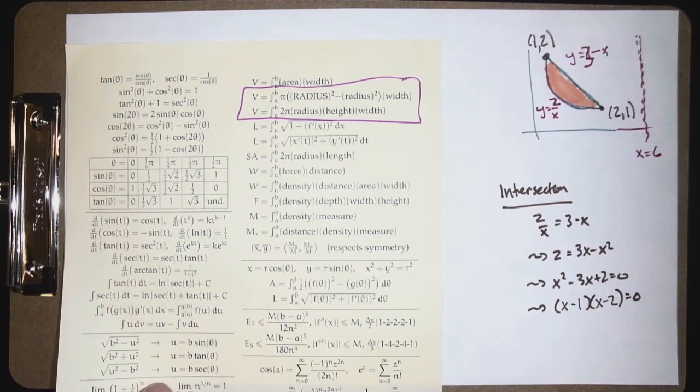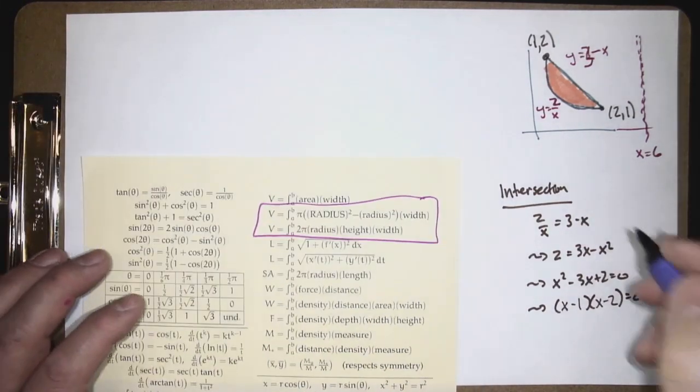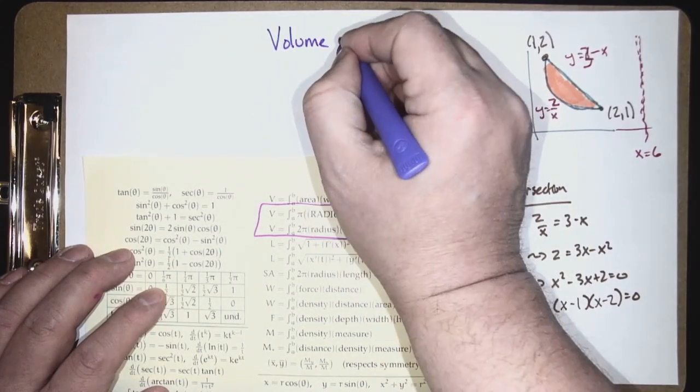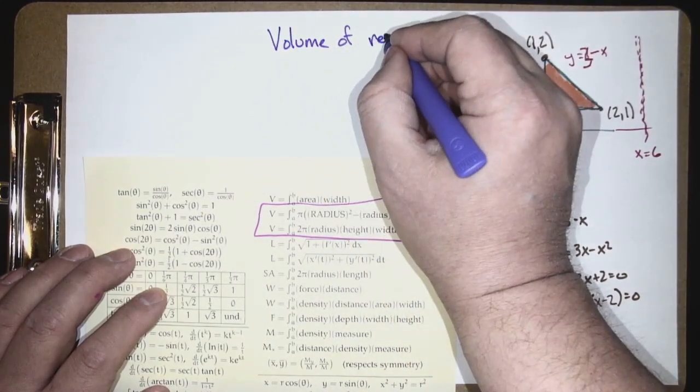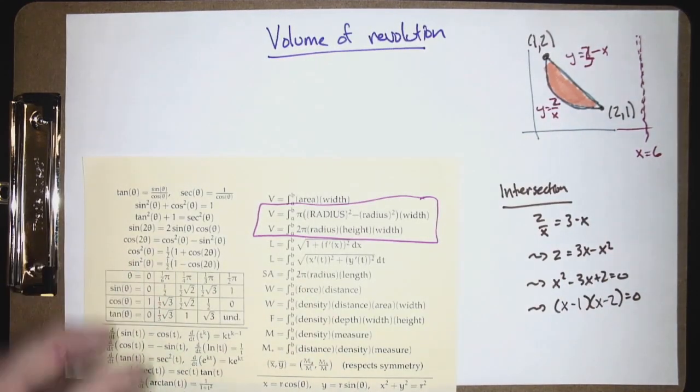We'll find out. Okay, so we're asking for volume. So volume of revolution. Since we're talking about things like disk, washer versus shell, now, we can do it both ways.